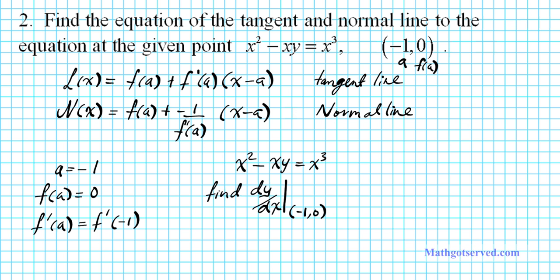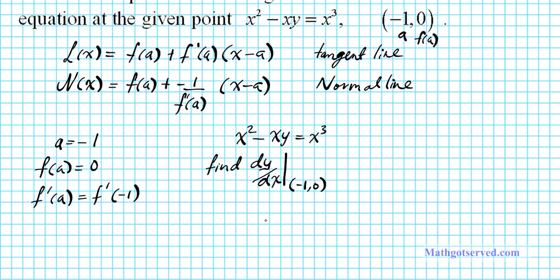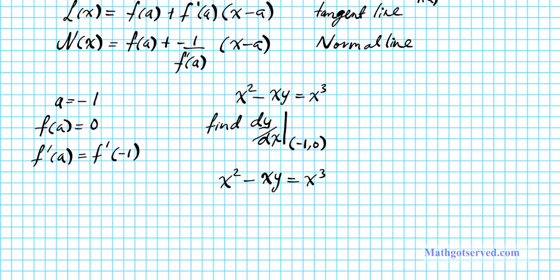Okay, so first thing we have to do is find the derivative of this equation with respect to x. So we have x squared minus xy equals x to the third. So we're going to find the derivative, okay?